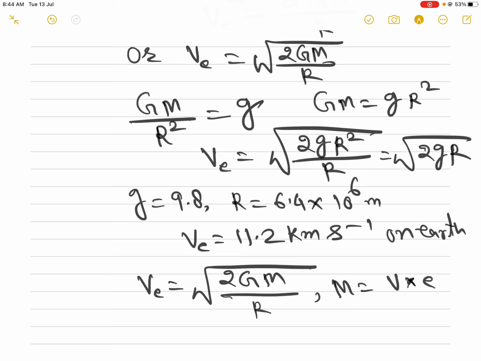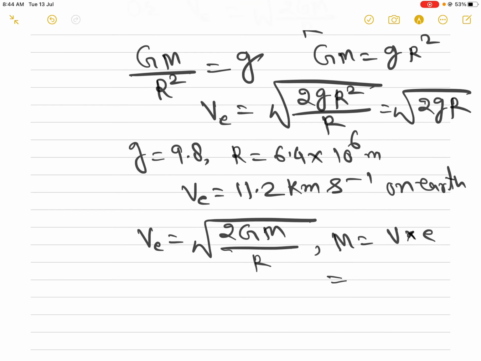If average density of the earth assumed is rho, so volume will be 4 by 3 pi r cube, because it is considered earth or any other planet is spherical.